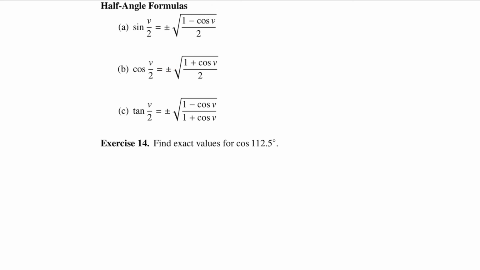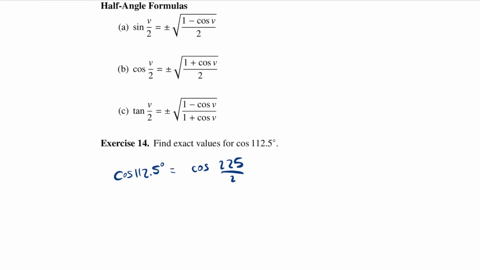All right, so the way you do these is you have to multiply the angle by 2. So if you multiply 112.5 times 2, you will get 225, and that's your V. So cosine of 112.5 is the same thing as cosine of 225 over 2.